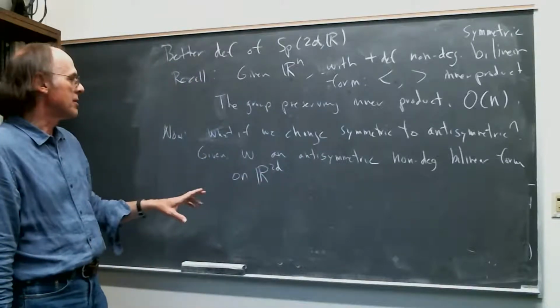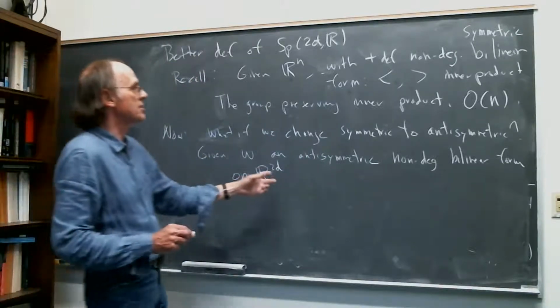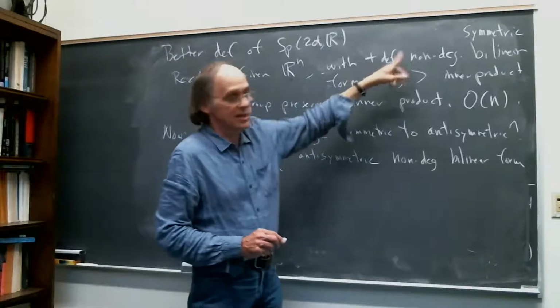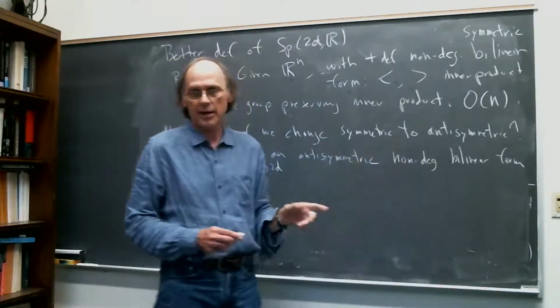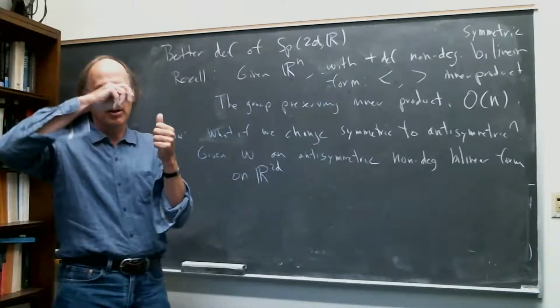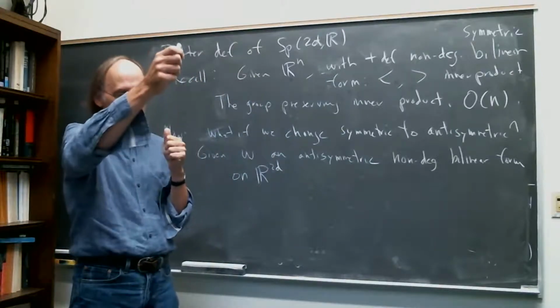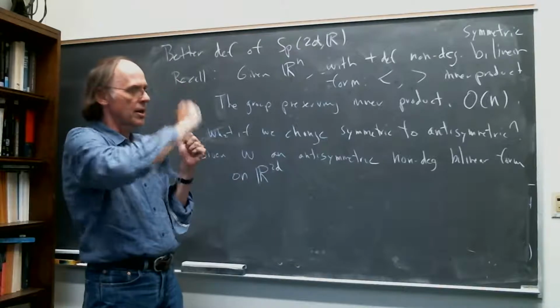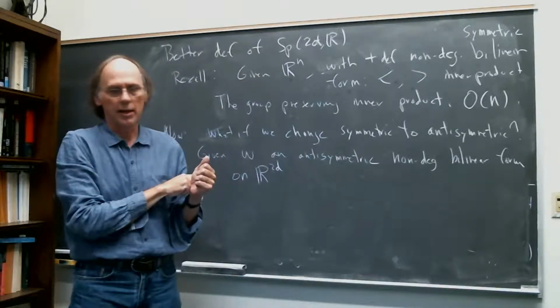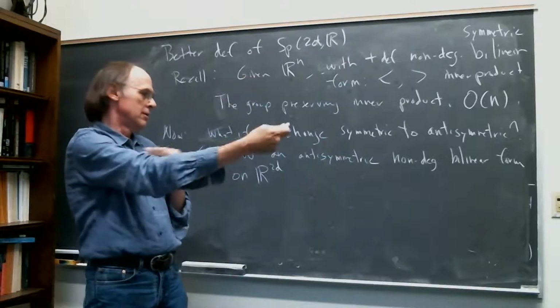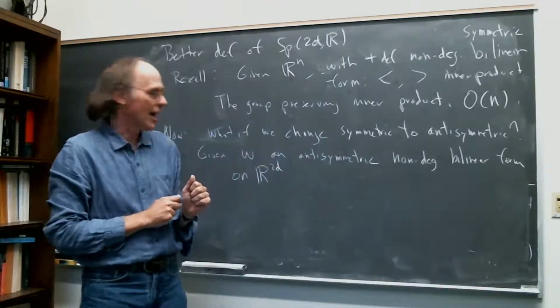But just like there's a standard one of these, which is the diagonal thing, there's a standard antisymmetric form where you have something on the upper triangular part of the matrix, and then minus the same thing on the other side, reflecting about the diagonal.